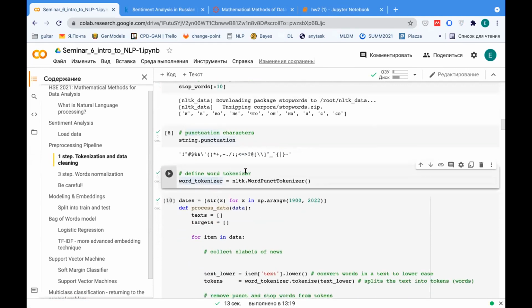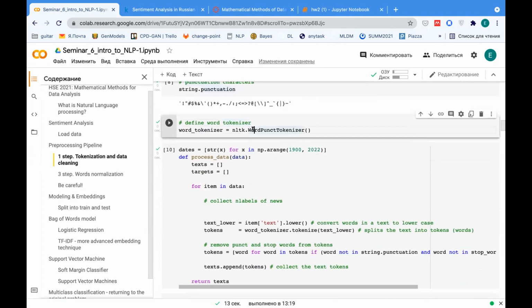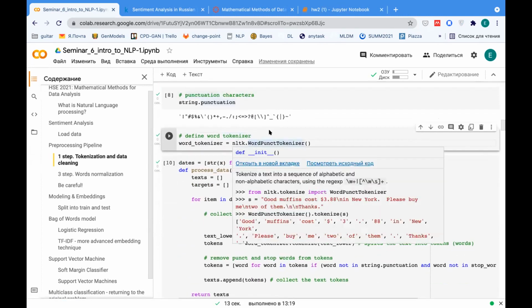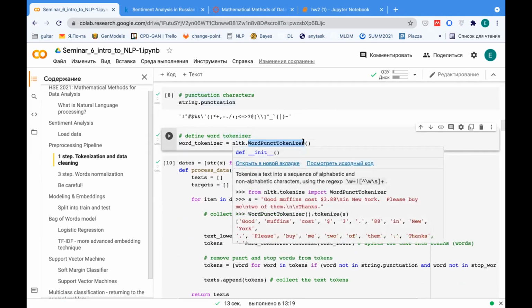Next, we'll define our tokenizer, the function that can split our text to words. Actually, in NLTK, there are a lot of tokenizers, and this tokenizer can split our text not only to words but also to some characters that are not words.